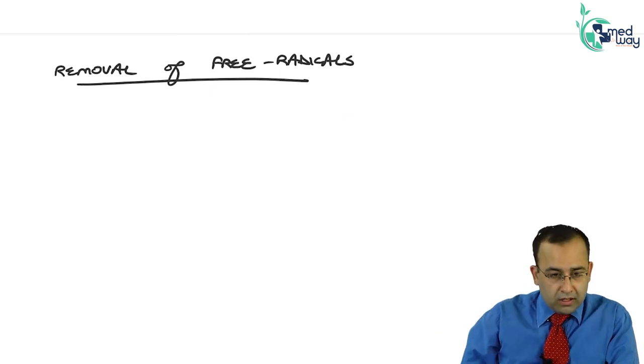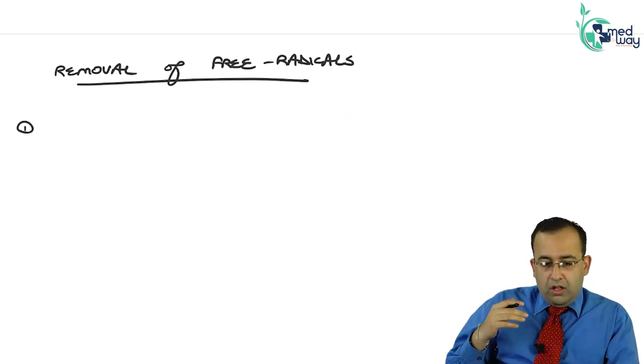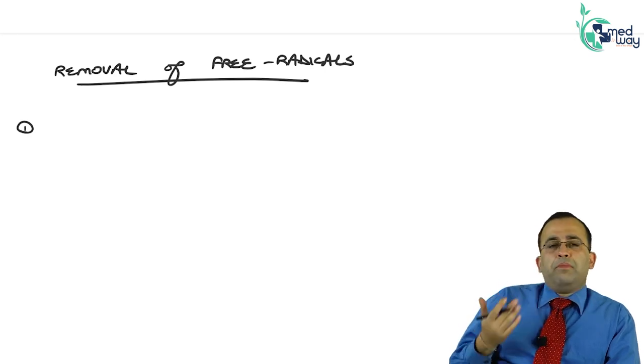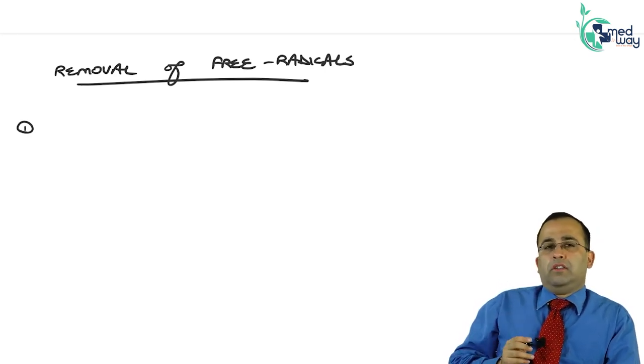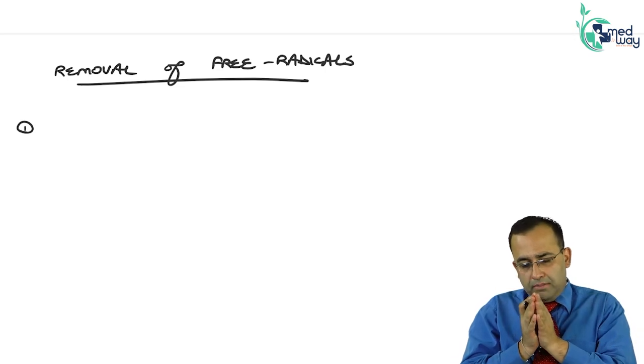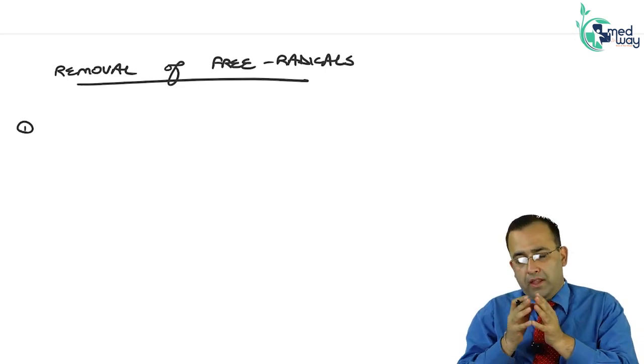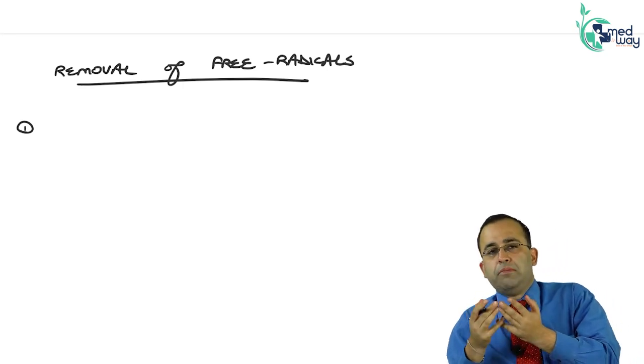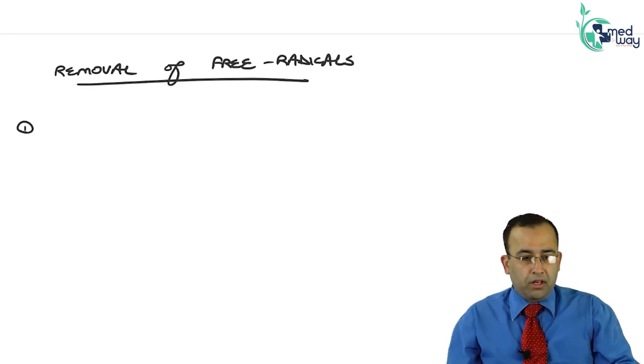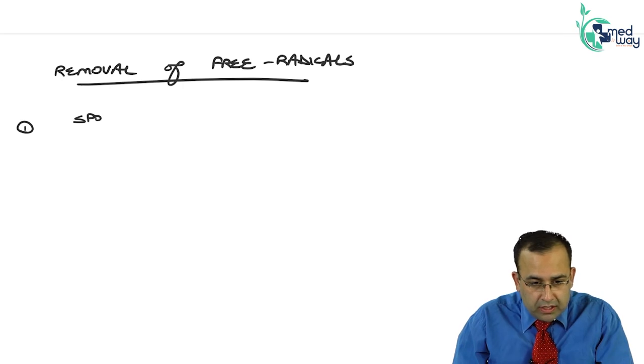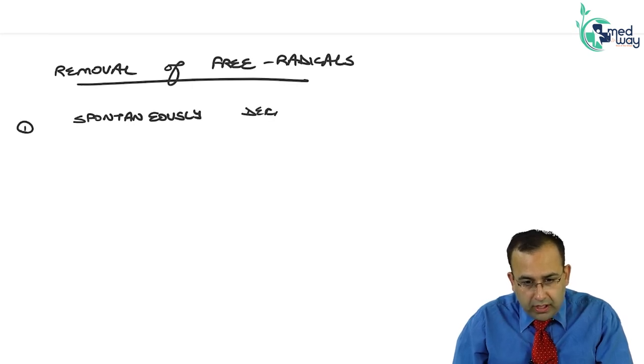First, which is the most common method of removal of free radical? What is the basic property of free radicals? They are unstable, they are highly reactive, so they spontaneously decay. Most commonly they decay spontaneously.